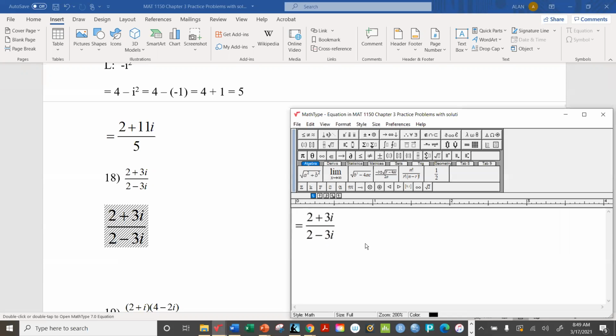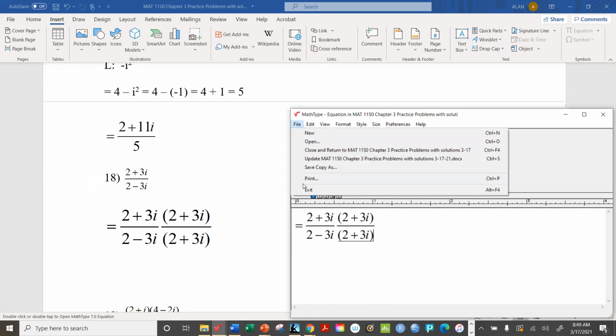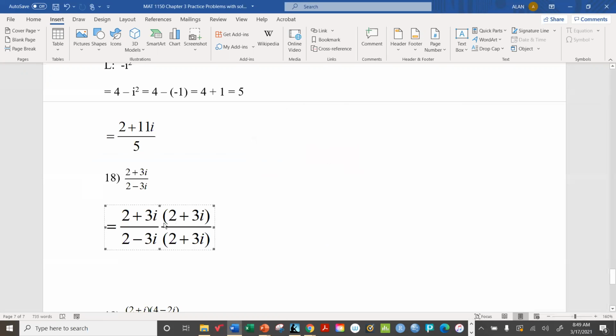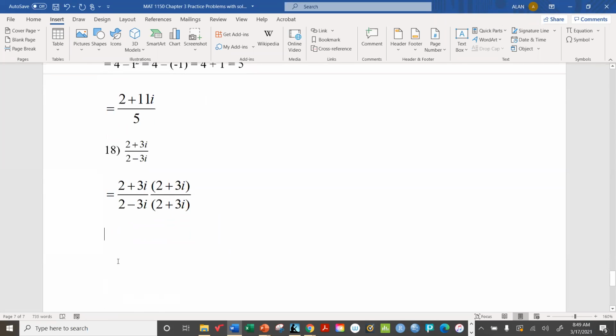And let's see what happens then. 2 plus 3i over 2 plus 3i. And now, once again, we have a couple of FOILs in our hands. All right, let's see what happens then.